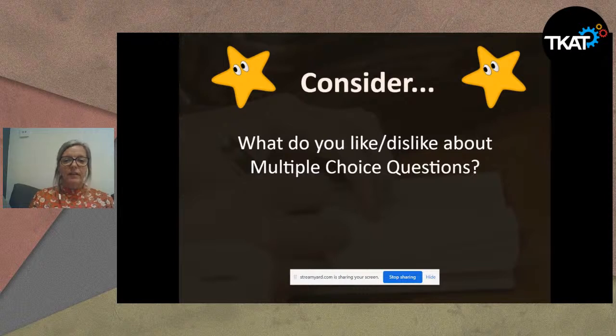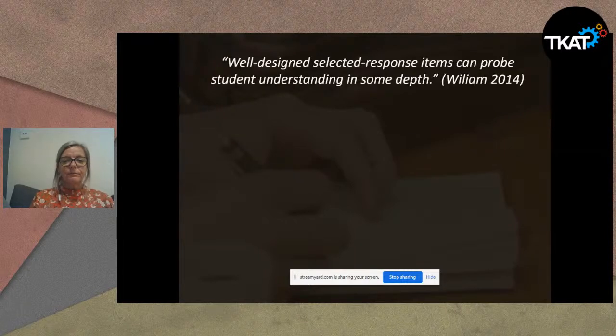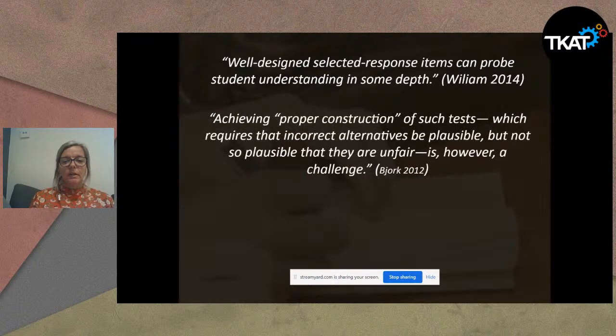Some people think that it's not a great way to assess a topic or a unit because children can just guess and maybe get the right answers by simply guessing, not actually knowing the correct answer. But well-designed selected response items can probe student understanding in some depth.